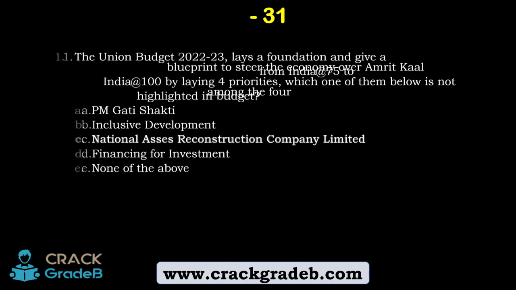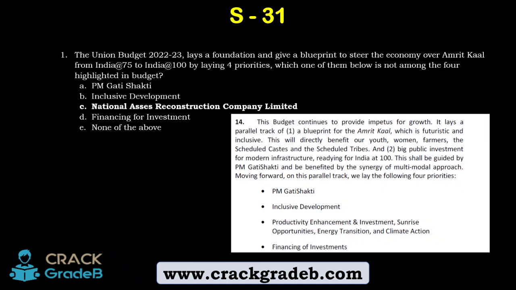Let's move forward and see the answer. It's the National Asset Reconstruction Company Limited. This is not one among the 4. The 4 are PM Gati Shakti, inclusive development, productivity enhancement and investment, sunrise opportunities, energy transition and climate action, and the next one is financing of investment.